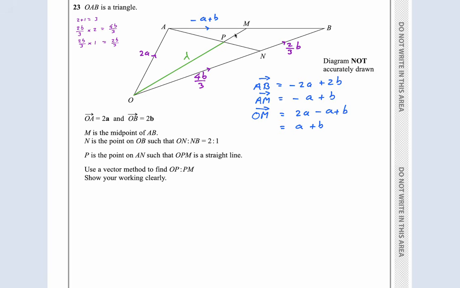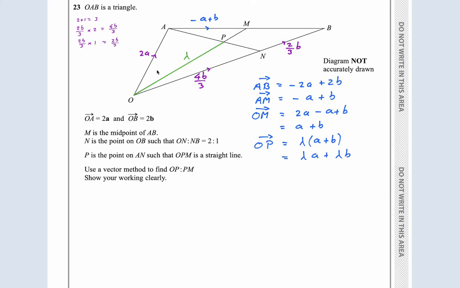So OM is A plus B. And then I can say, right, OP is equal to, and this was the whole goal of this, lambda times A plus B, or lambda A plus lambda B.